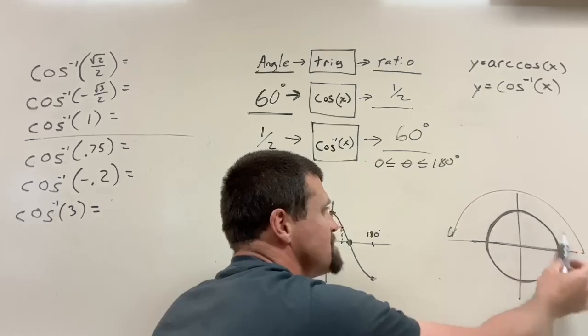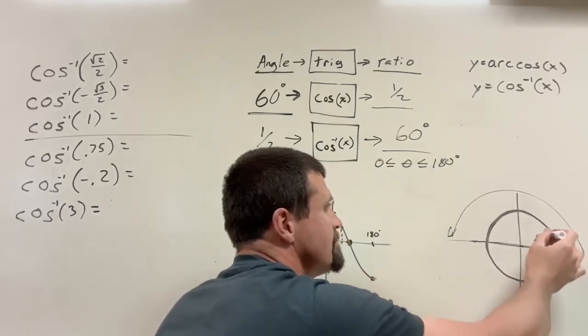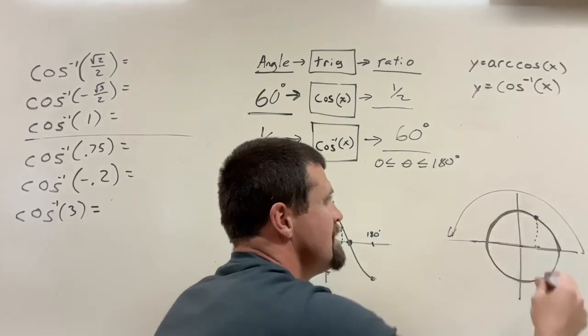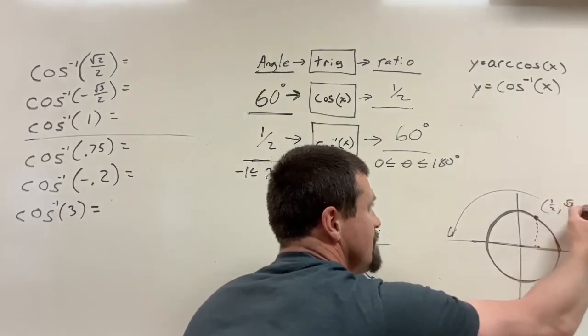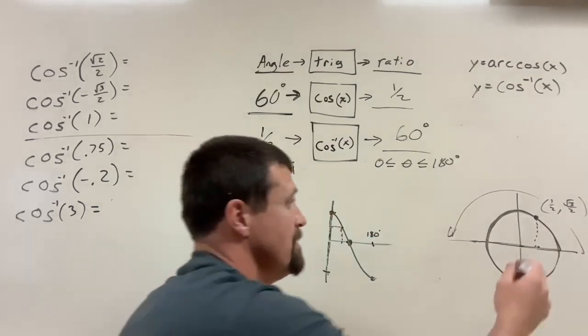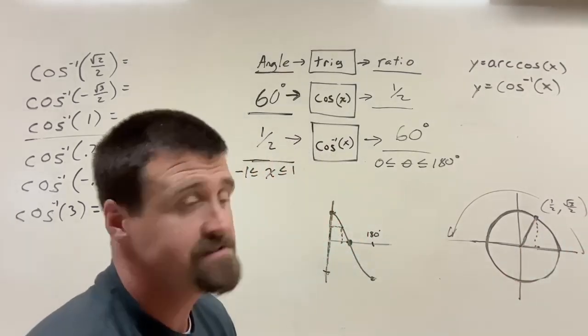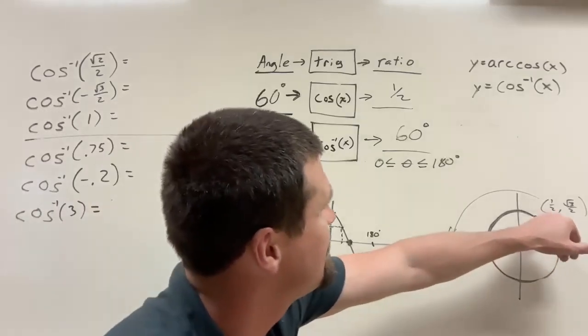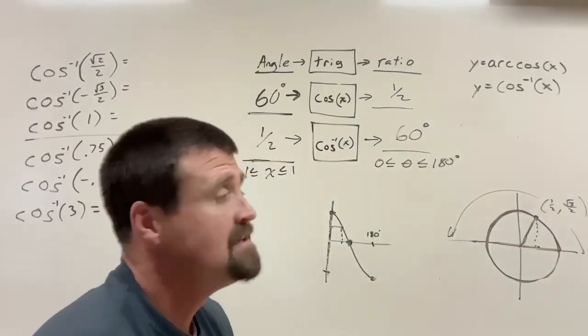There's only one x value of 1/2 on the top half of the unit circle. So it would be right here at pi/3 or 60 degrees. Again, we get the ratio, and the output is going to be the angle. That's kind of how it works.